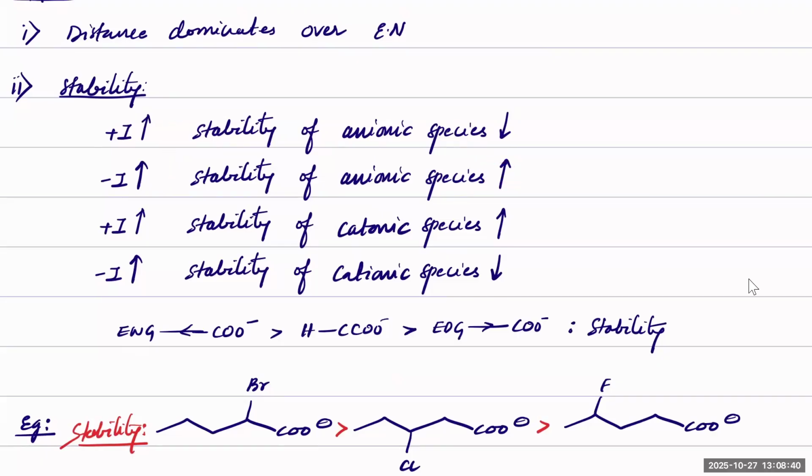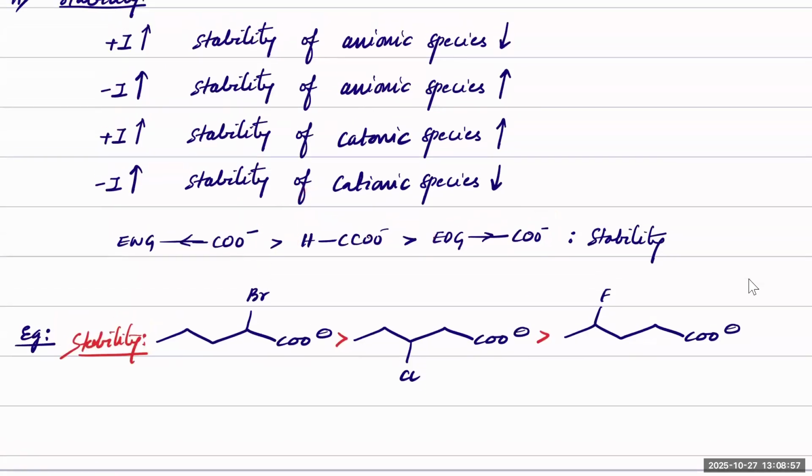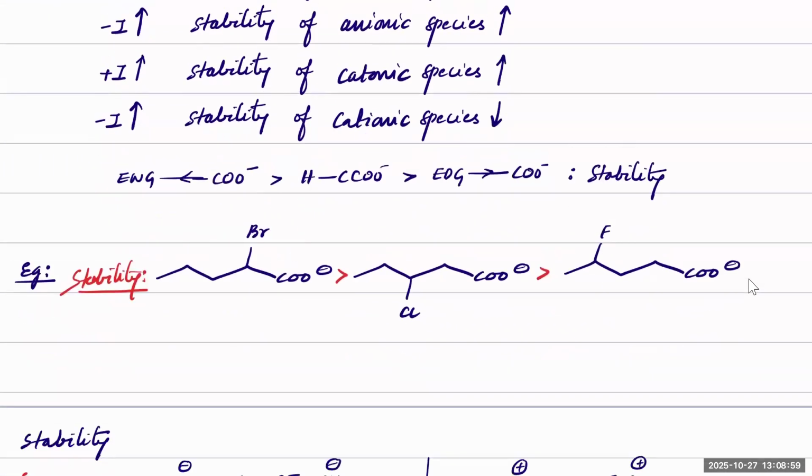If you have plus I, the cation will become more stable. If you have minus I, the cation will become less stable. So you can see, if there is any electron withdrawing group, the COO minus is more stable than the one with an electron donating group. Clear? Is it making sense? Right.